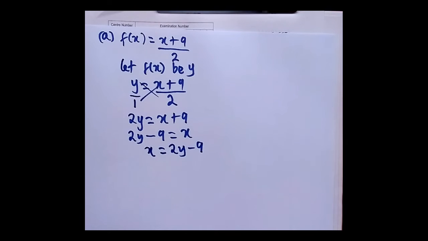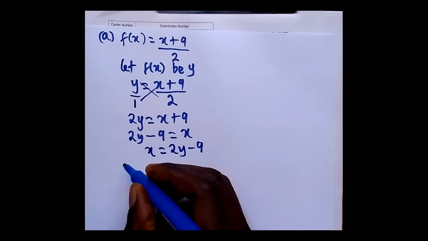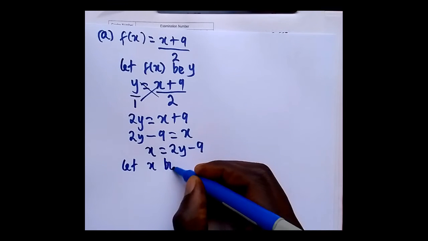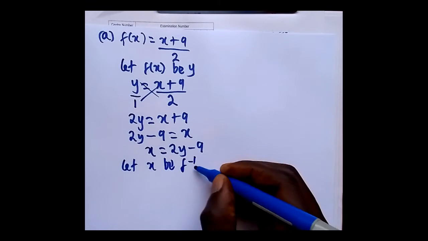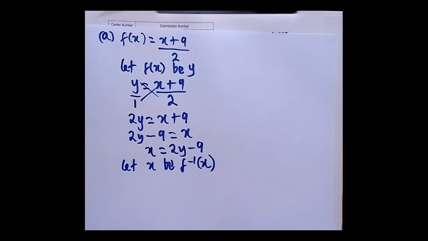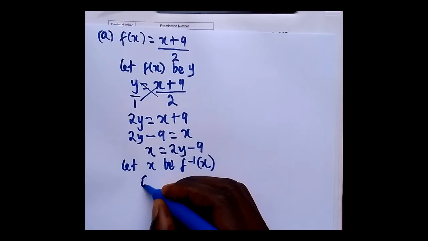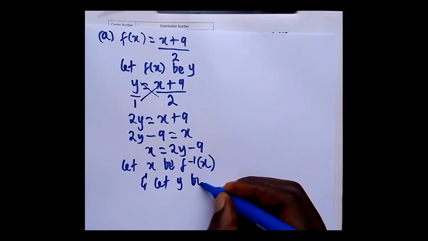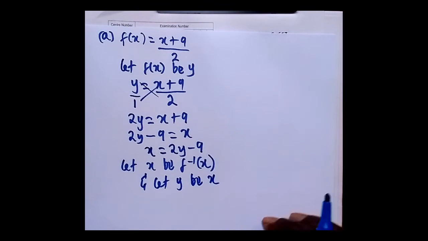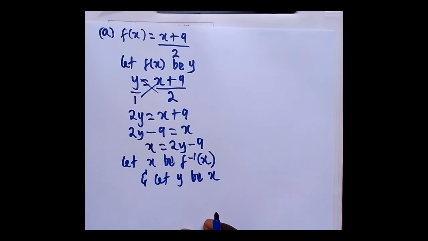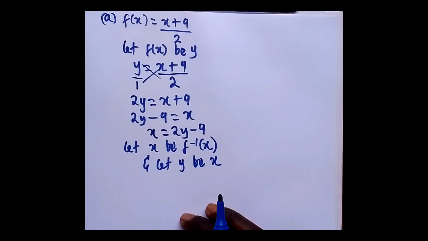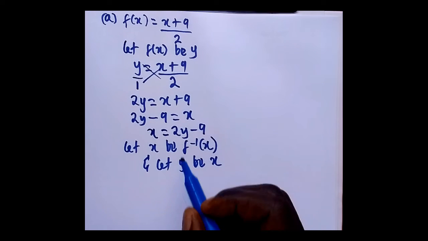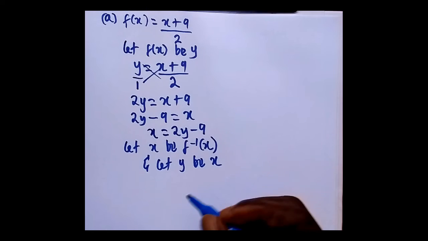Now we have to change, let x be f inverse, and also let y be x. So we're changing two things here. x is changing to the inverse of f of x, and y is changing to x.